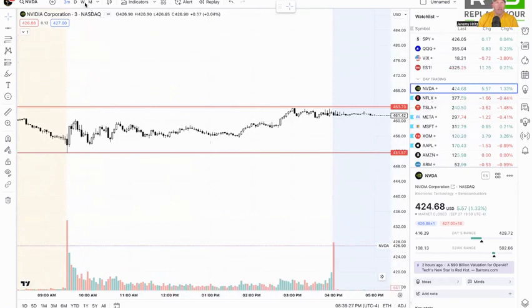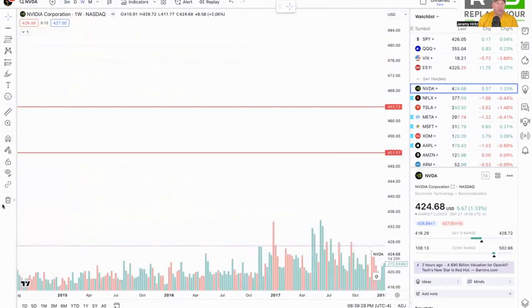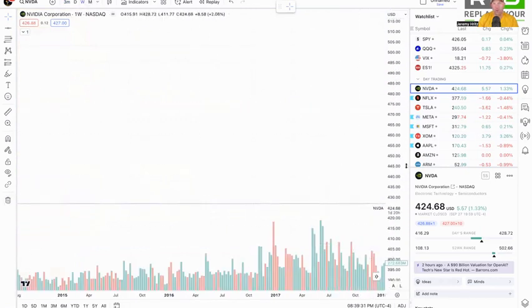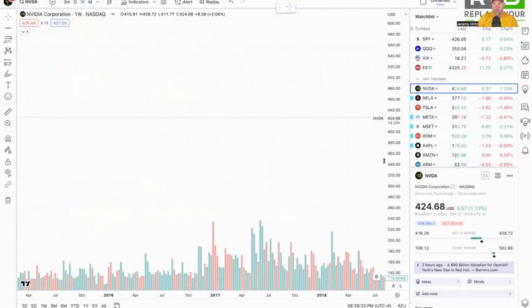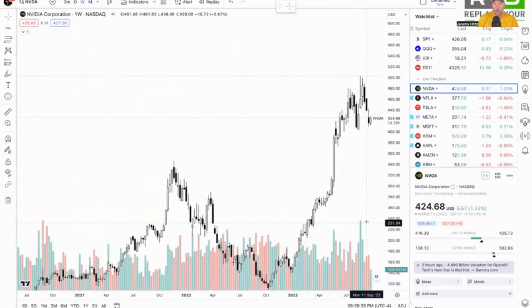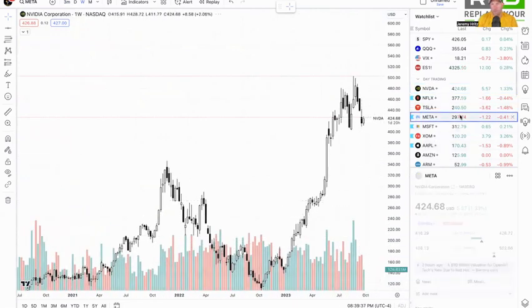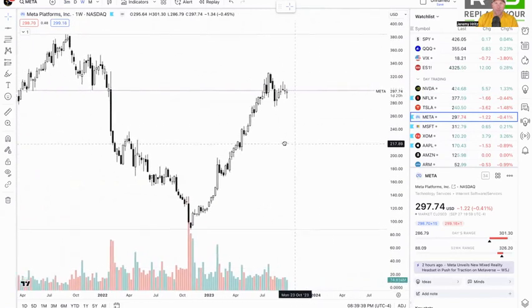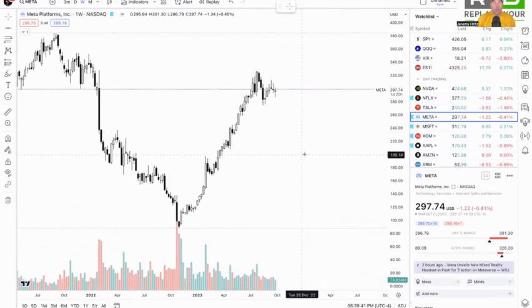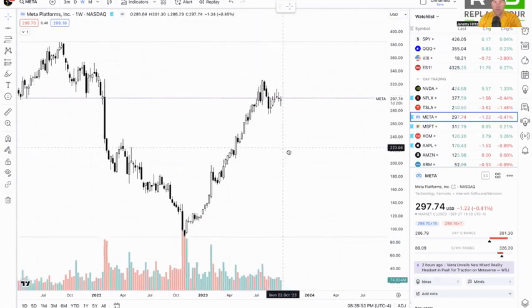The last thing I'll show you, if you go to a weekly chart, and let's just look at something different for now. Let's look at Meta. So this is a weekly chart here. You can see since October of last year, where we really hit some lows, we've been in a big bullish move on Meta, being Facebook, right?